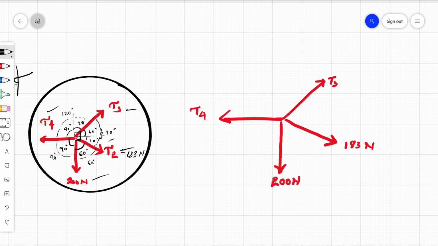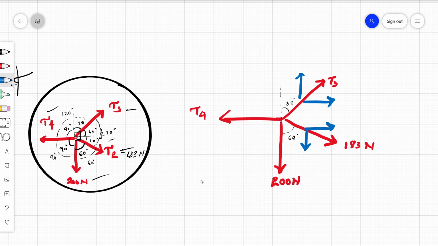And we know this angle as 60 degrees, and this angle as 30 degrees. So we do the same thing as we have done for all the last exercises. We divide this into one x component and one y component, only for the forces which have an angle to the quadrants.